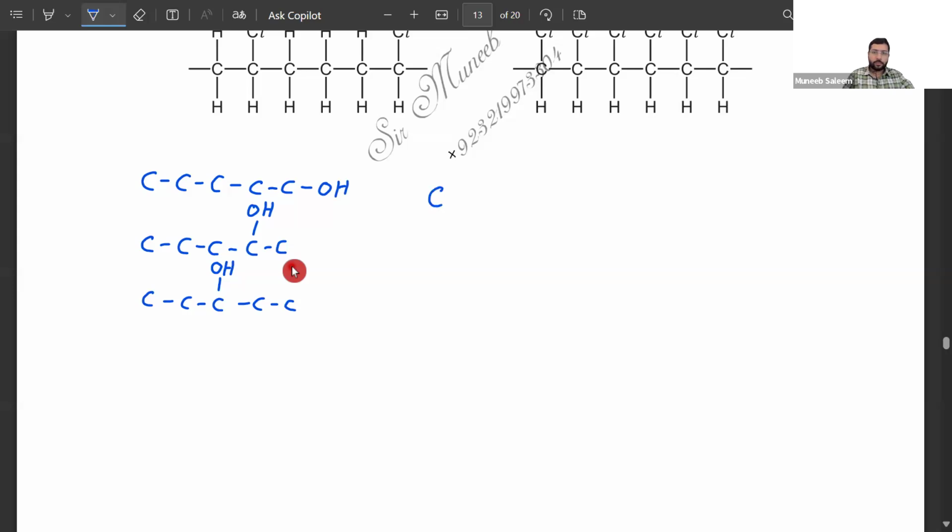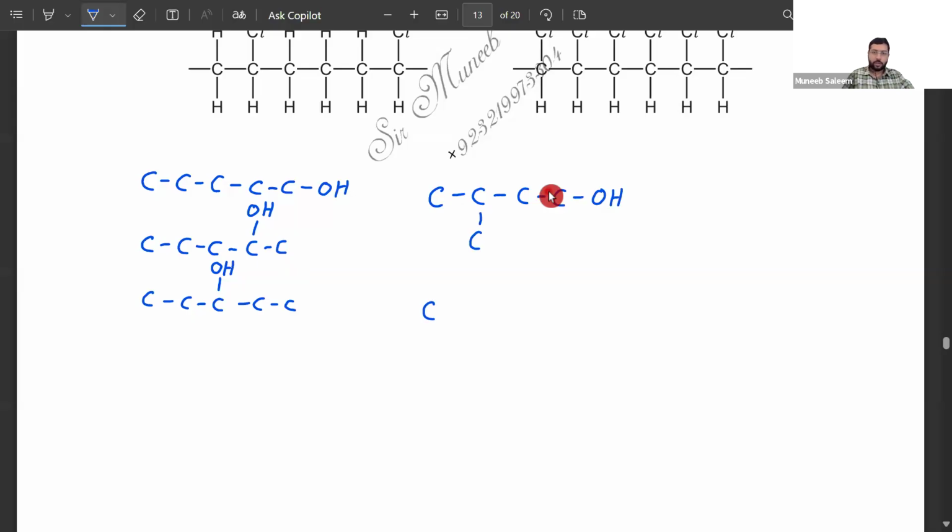Now I will do some modification. This time I will put 1 carbon right over here. And this is another combination of the carbons. Now I will put OH over here. This will be the primary. I will label these alcohols as primary, secondary, and tertiary after drawing the different structures.